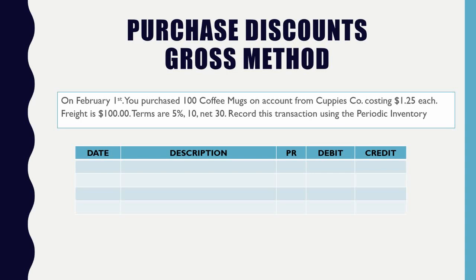What account would I be using? You'll be using the gross method where you take the discount later. So you want to know the terms of the 5%, the 10, and the 30? So here, exactly how we learned in the previous section, how would I journalize the purchase of inventory? That's what I'm asking you right now.